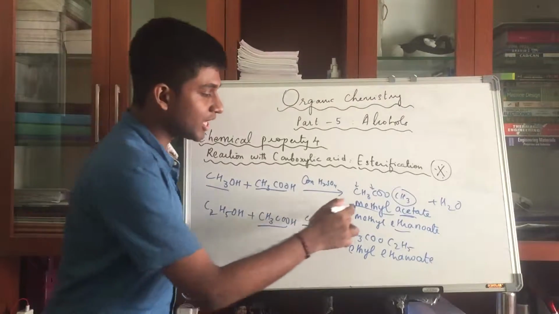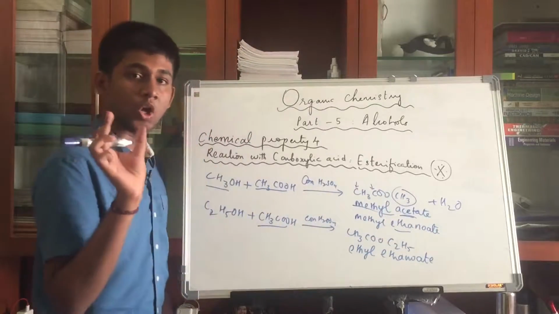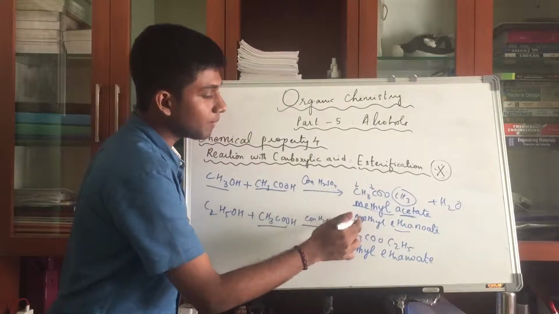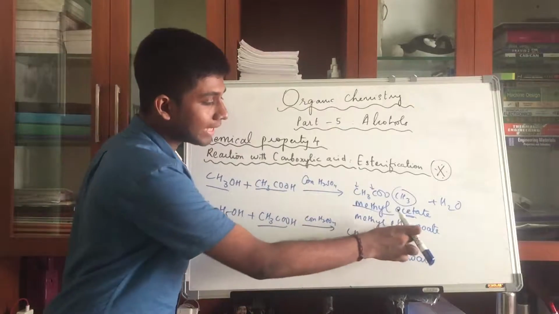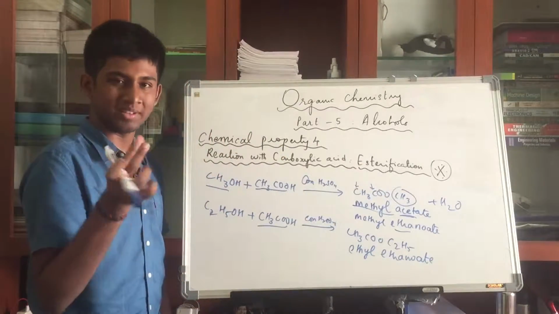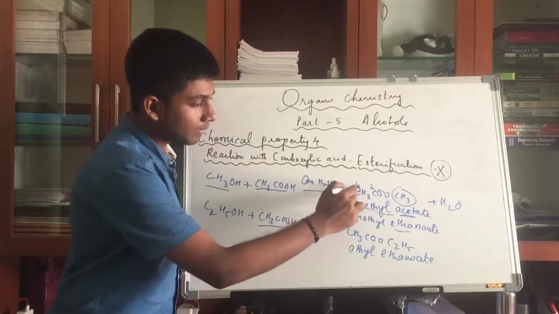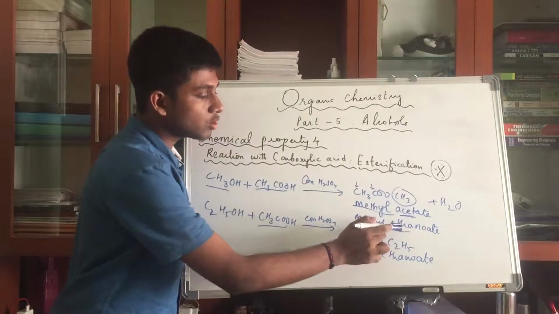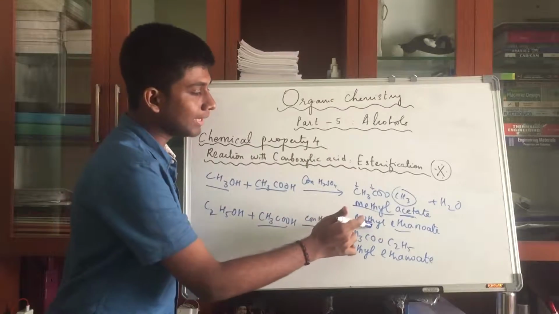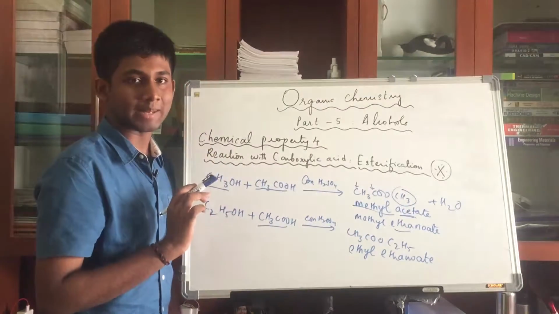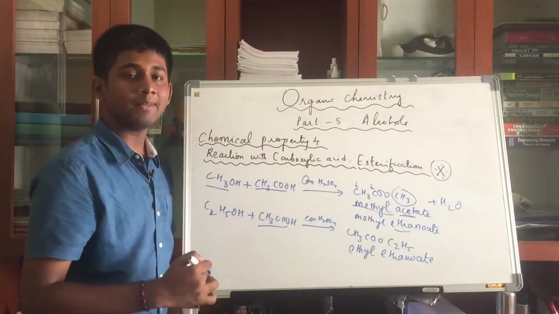Because of that, we generally don't use methyl acetate as an IUPAC name. So we make use of methyl ethanoate here, because eth indicates the root word, where the root word says the number of carbon atoms. Here the number of carbon atoms is 2, so you make use of ethanoate, and then the methyl will indicate the R group which is present. So this is how you basically name esters.